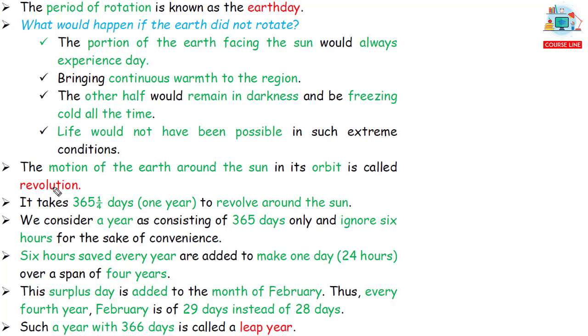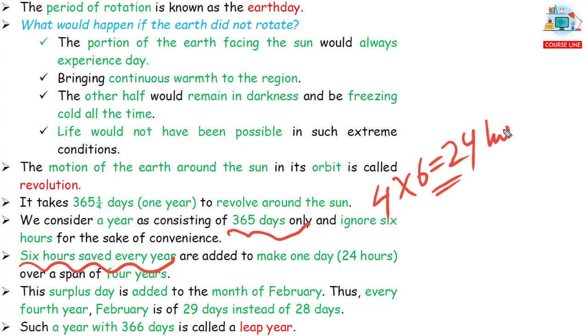6 hours is saved every year. Okay, we are taking 365 days only, ignoring 6 hours. This 6 hours is saved every year, and after every 4th year, okay, first of all, see, 6 hours ignored every year, so in 4 years 4 into 6 will be equal to 24 hours, means every 4th year we will be able to save 24 hours. ठीक है?